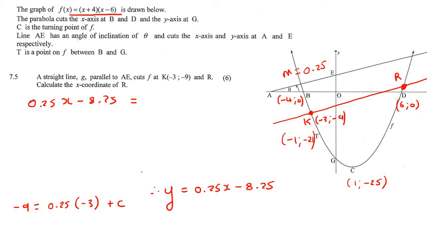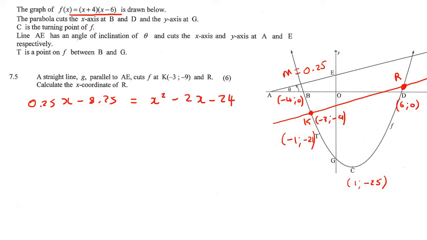I'm just going to multiply the parabola's equation out for the 74th time in this question. There we go. And now we can simply do our thing. So we can move everything to the one side. You guys know all of this by now. Okay, and then we can put everything together.